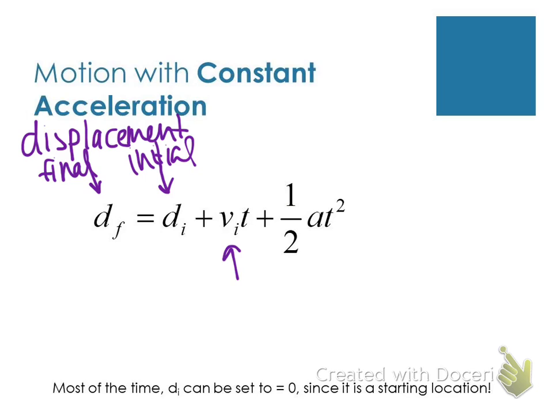We have velocity initial again, time, and then 1/2 at squared. So this one, Lauren, you will actually square a number. It doesn't have anything to do with the units. And this is important, it's just time squared. It's not this whole term that's being squared, it's just time. If you need to put parentheses around t squared so you remember, do that.